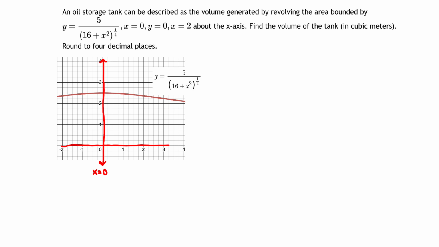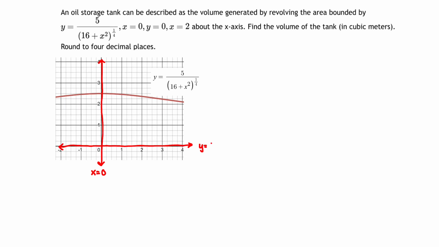Y equals 0, which is just our x-axis, and then x equals 2, which is another vertical line, this time when x is 2. So we have 4 curves, and the region that we're looking at to rotate is the region bounded by those 4 curves, 3 of which are lines and the other is a curve. And it's this blue region right here.